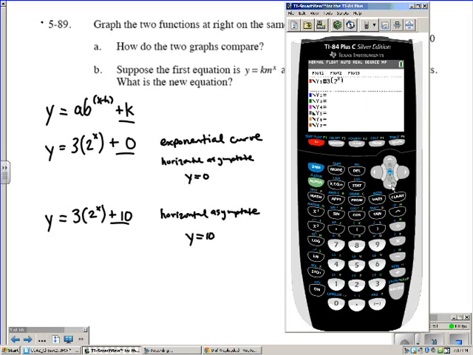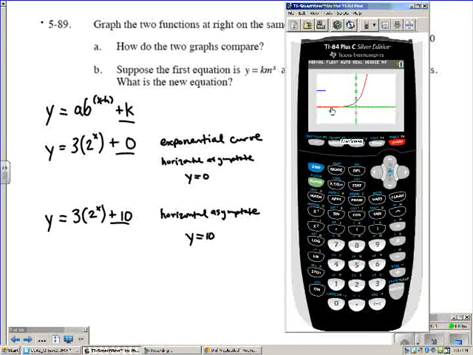Let's type in the same function, but then add 10 to it. And graph. So this is our original one again. You'll see it's the exact same shape that it was.